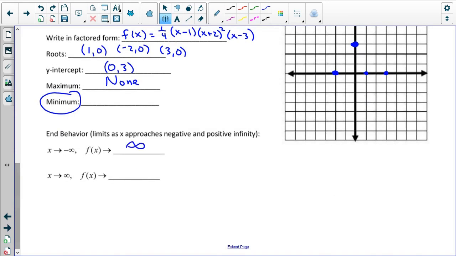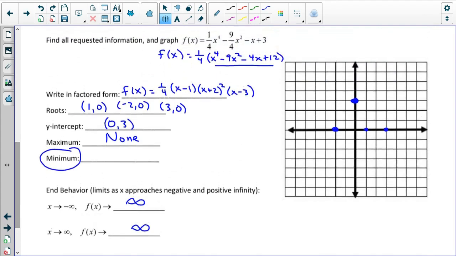So the x to the fourth should result in a graph that looks something like this, where it's going up in both directions. Then I have the double root at -2. I have the single roots at 1 and 3, so it bounces at -2, and it crosses at 1 and 3.